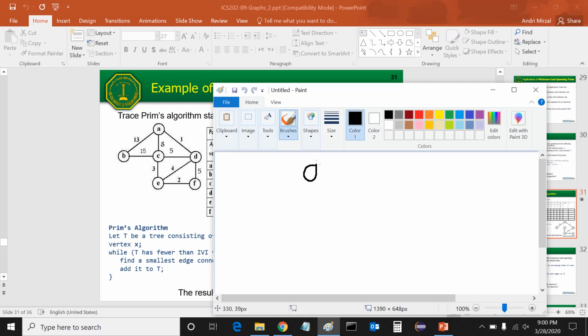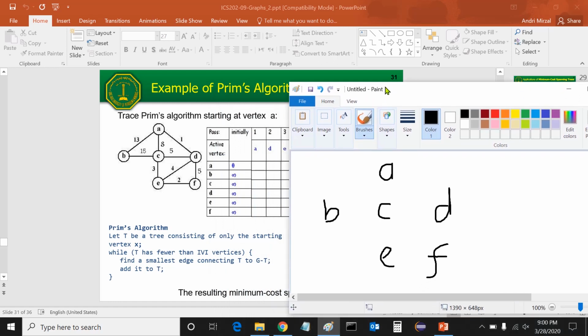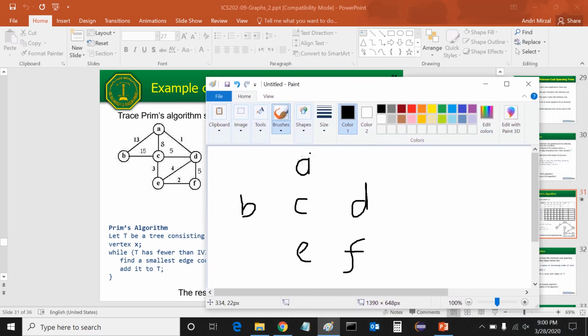Okay, vertices A, B, C, D, E, and F. Now after that, we need to define the starting vertex. This question defines the starting vertex to be A. So A will be the starting vertex.